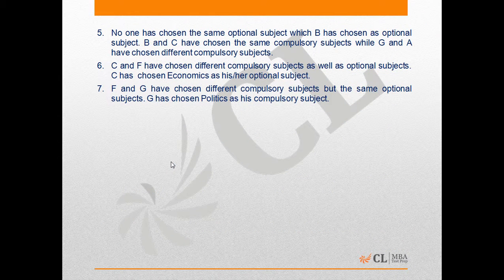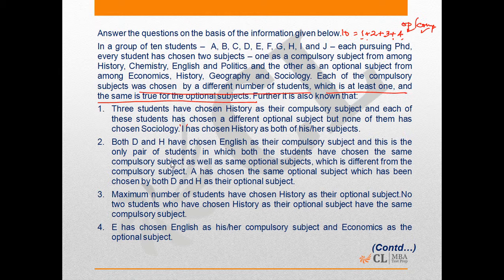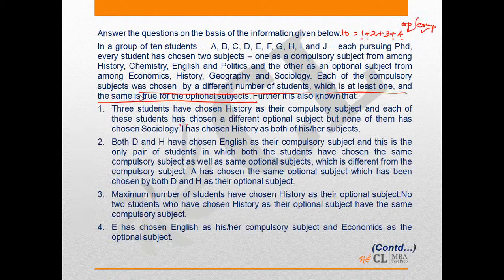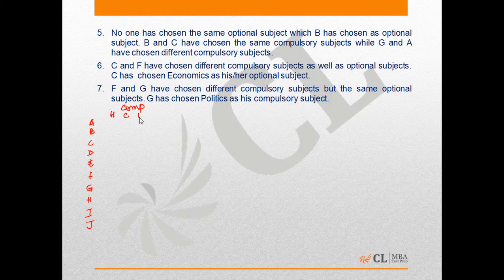If we go through all of this, then let's draw a table which will have these 10 people: A, B, C, D, E, F, G, H, I, and J, and they're going to have some compulsory subjects which are going to be history, then chemistry, then English, and then politics.